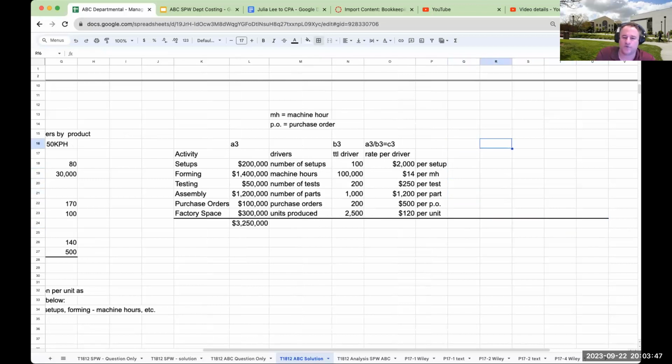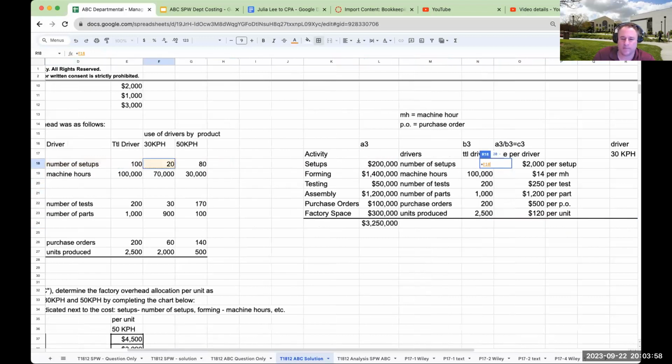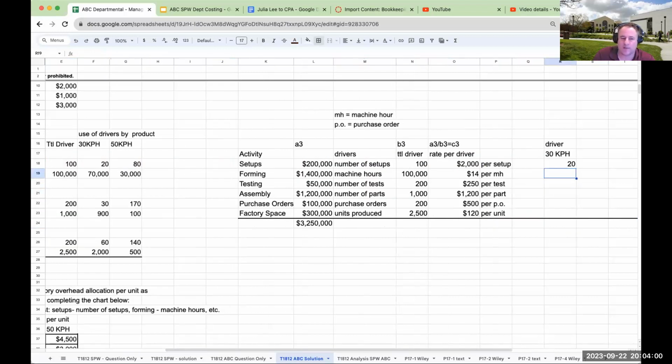So for my allocation, the driver for 30 kph for setups was over here at 20. Okay, so I had 20 setups for 30 kph. When I take the 20, we'll call this D3.